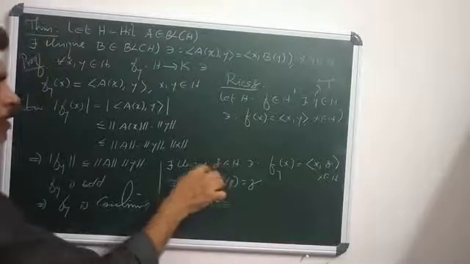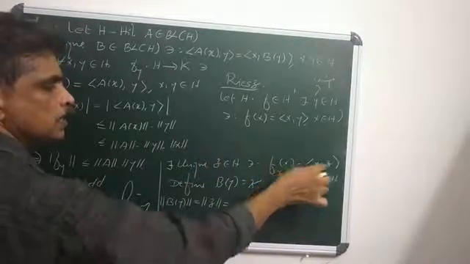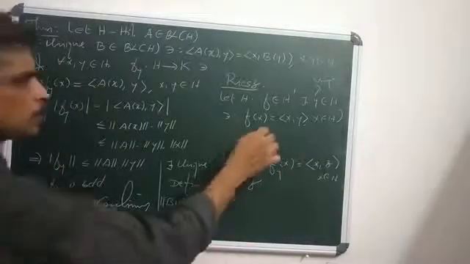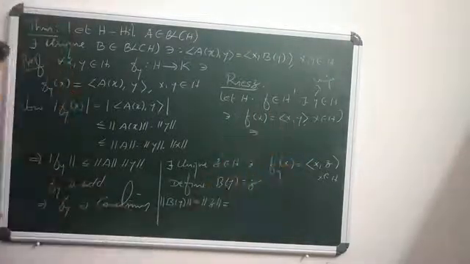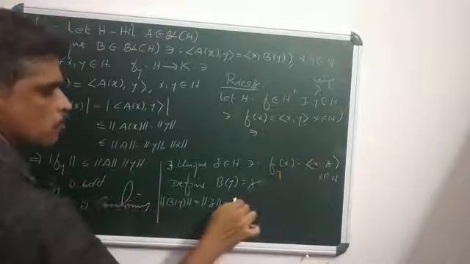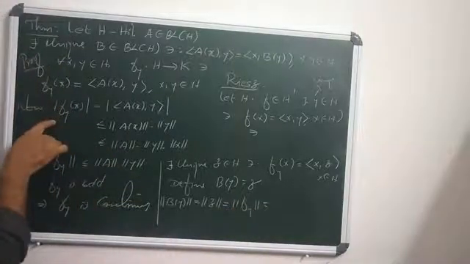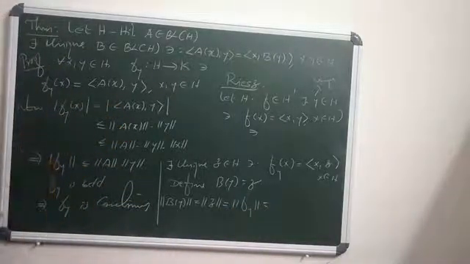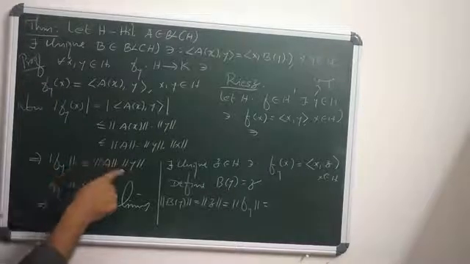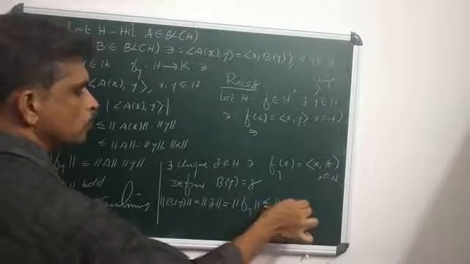There exists a unique z in H with Fy of x equal to the inner product of x with z, such that the norm of Fy equals the norm of z. So the norm of z equals the norm of Fy. What is the norm of Fy? The norm of Fy is less than or equal to norm A into norm y, which is less than or equal to norm A into norm y.